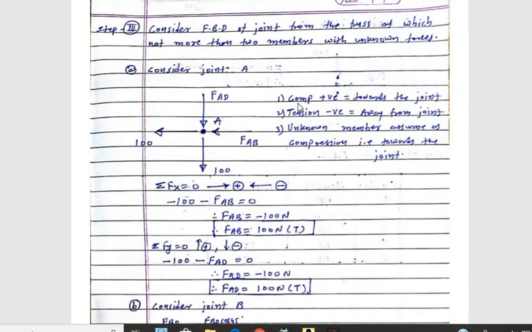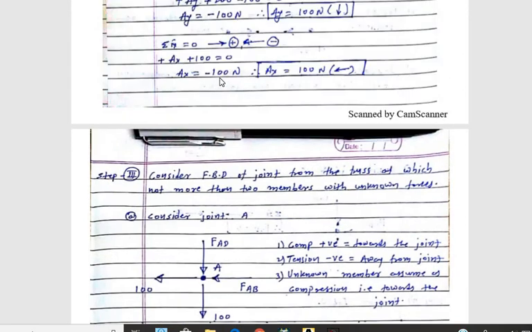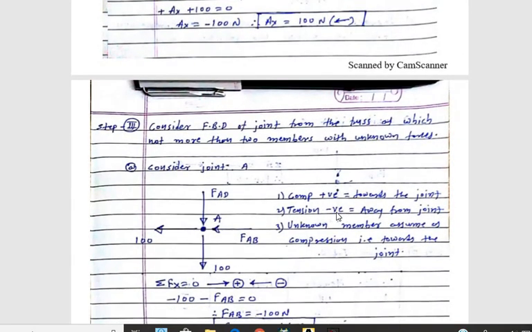Now at joint A, our assumptions: compression positive towards the joints, tension negative away from the joints. The horizontal reaction AX is coming out to be negative. Negative indicates tension, and tension shows away from the joint.